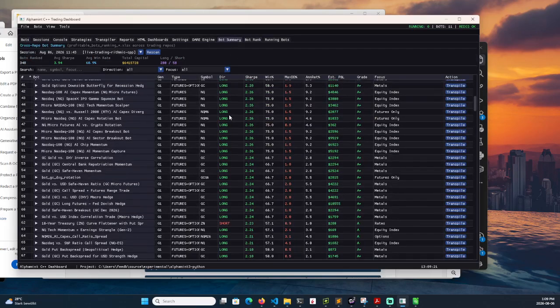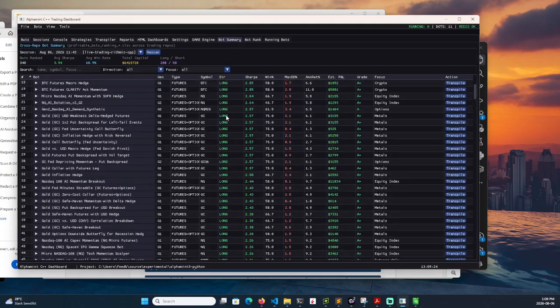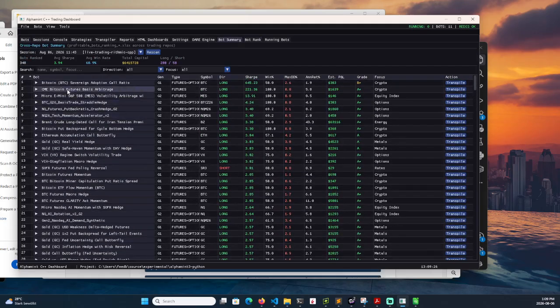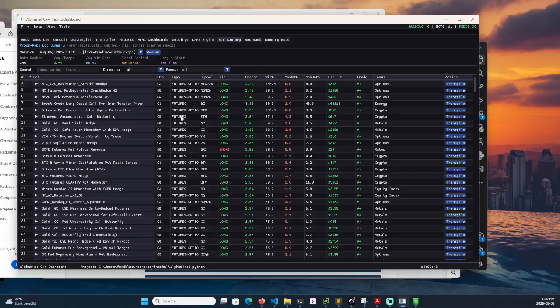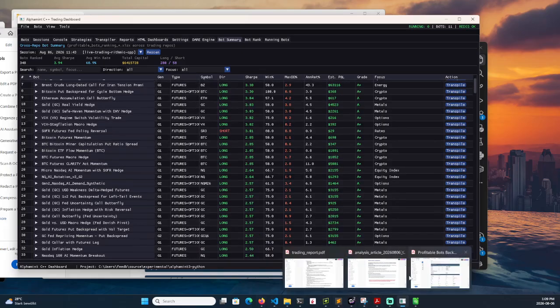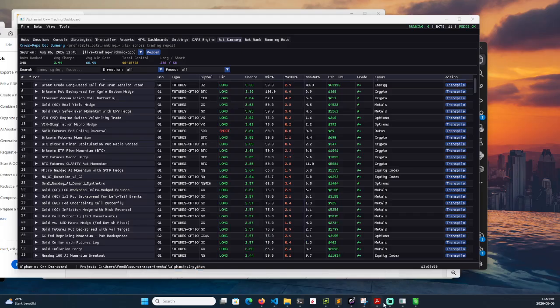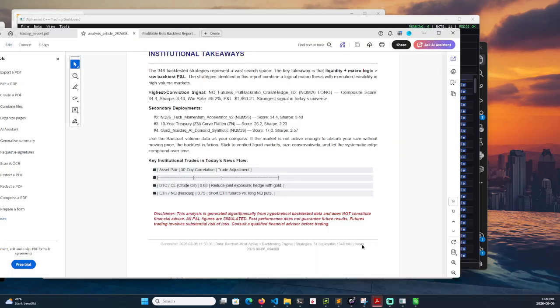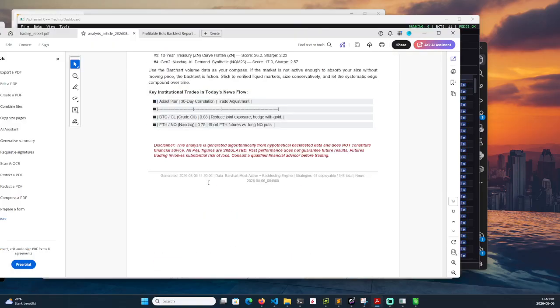So in here we have a bot summary with some of the bots I've shown you. So in here you might get a Bitcoin strategy, and then we also have the grade, the standard P&L. Obviously the Sharpe is way out of whack, and so on. So there's different methods to validate what strategies to go with. One of the things that I could obviously refer to is this one I showed you, this market preview PDF.